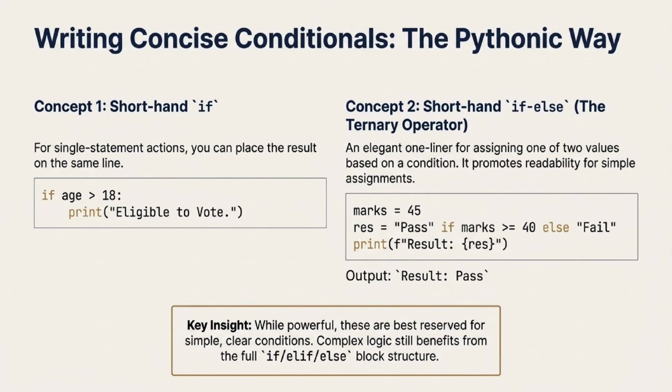The program checks whether the marks are greater than or equal to 40. If the condition is true, the result is assigned as pass. If the condition is false, the result becomes fail. Finally, the result is printed, and since the marks are 45, the output displayed is result pass.